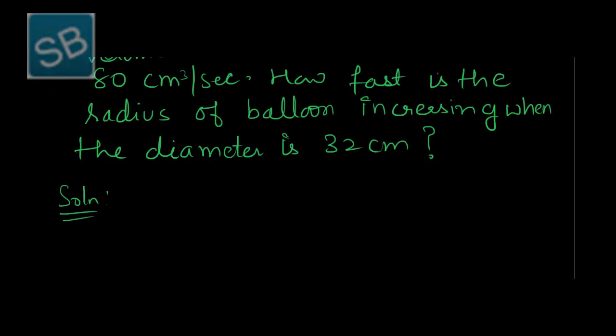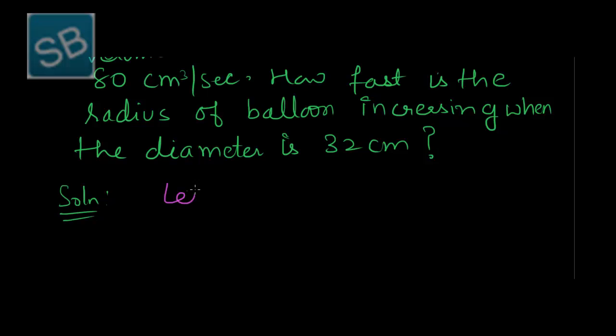First of all we have volume increases at the rate 80 centimeter cube per second. That is rate of change of volume with respect to time, that is centimeter cube per second.